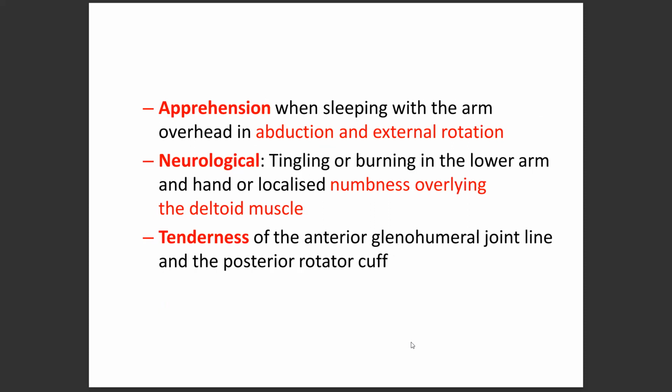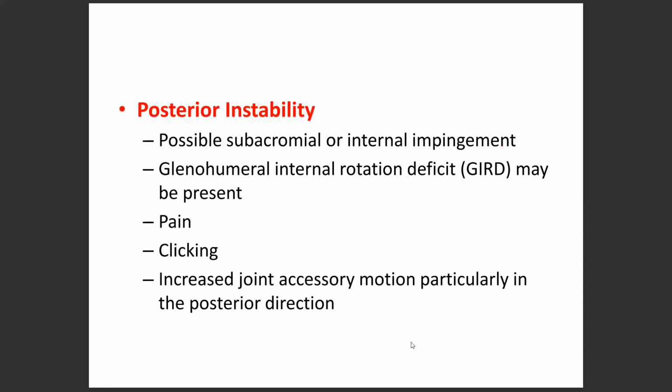Apprehension when sleeping with the arm overhead in abduction and external rotation, so the patient will feel some sort of apprehension. Neurological symptoms may be present, which include tingling or burning in the lower arm and hand or localized numbness overlying the deltoid muscle. Tenderness may be present at the anterior glenohumeral joint line and the posterior rotator cuff muscle.